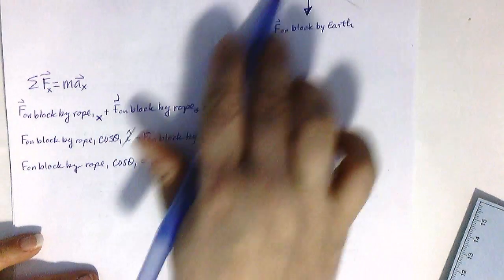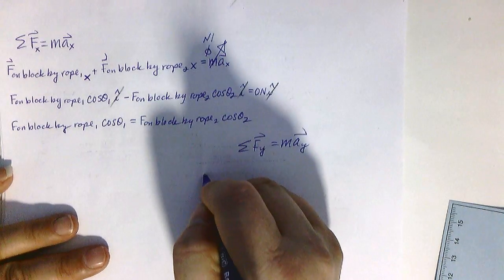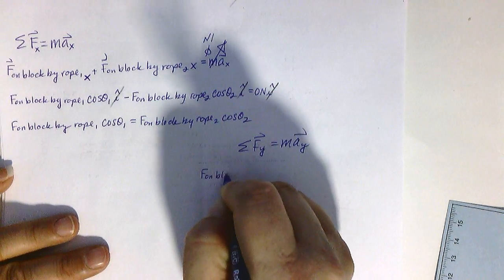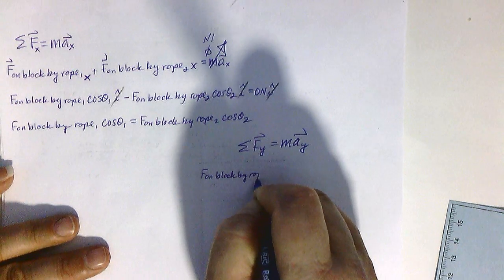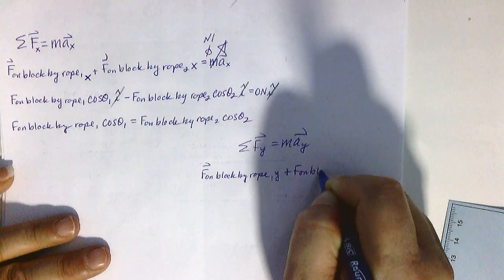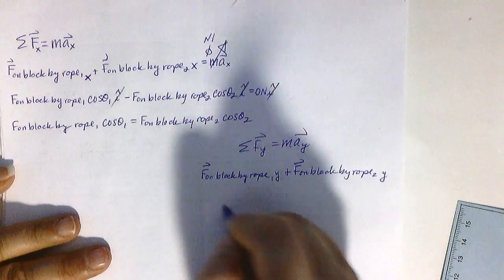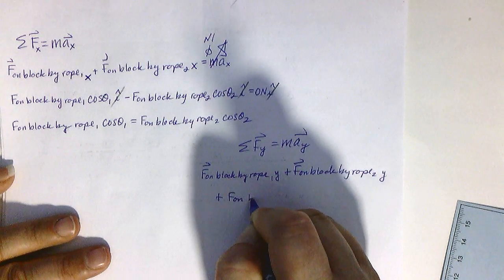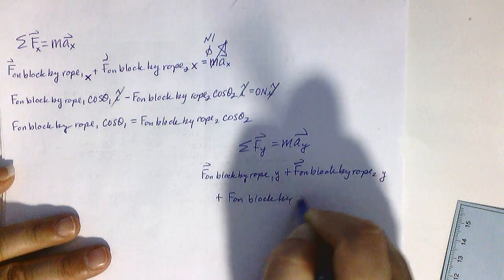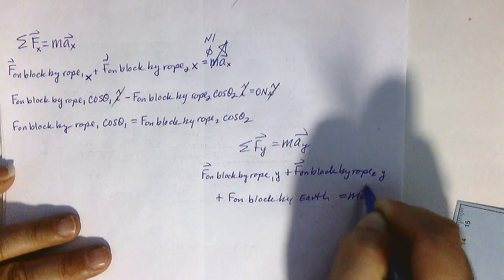Adding up all the forces acting in the y direction, we have force on block by rope 1 in the y direction plus force on block by rope 2 in the y direction plus force on block by earth is equal to ma sub y.